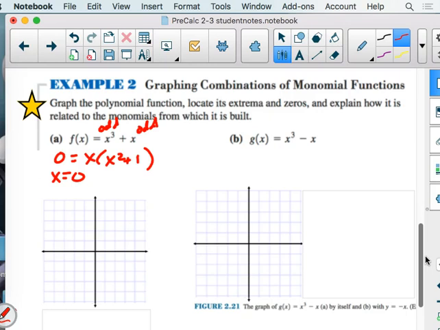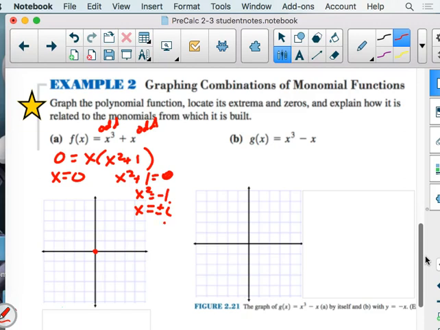But x squared plus 1, that's interesting. When does that equal 0? Well, if we subtract 1, oh, that's right. That's imaginary. We're not graphing imaginary stuff. We're graphing real stuff. So we're not going to be using those zeros. But I definitely know if I put a 0 in here, I'm getting 0. So I know that's a point on my graph. That's one for us, but we've got more to do.